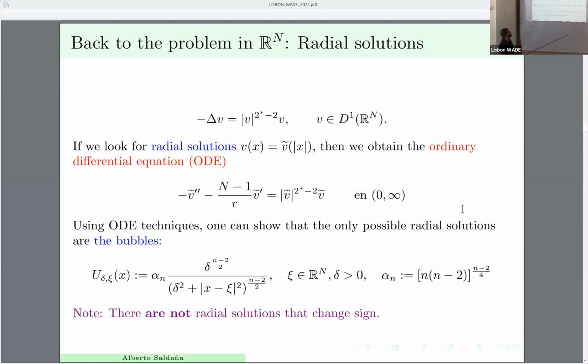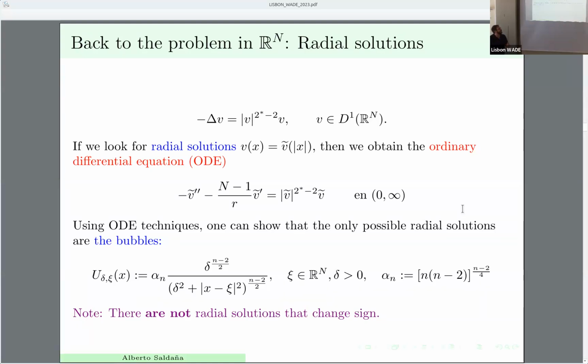And in fact, we can show that these are all possible radial solutions. So they are all positive, and there are no sign-changing radial solutions for this problem. Yes, it's when delta is 1 and psi is 0. This is the psi. And we call these solutions the bubbles.